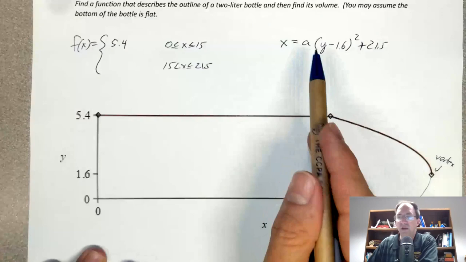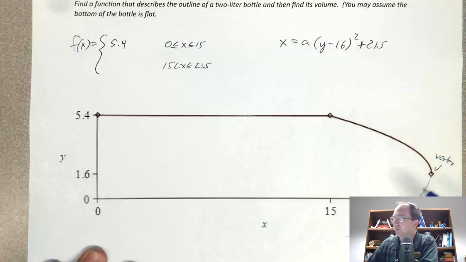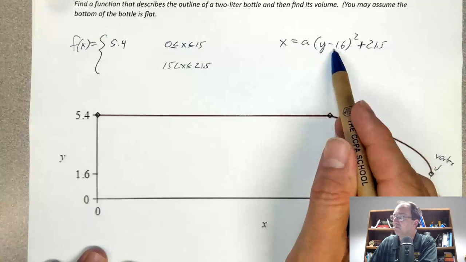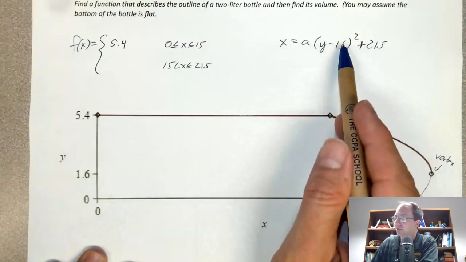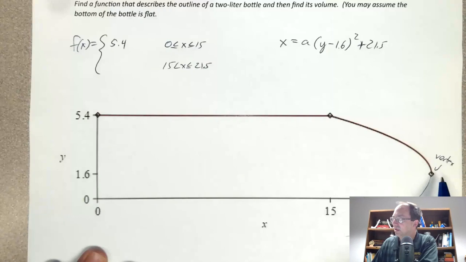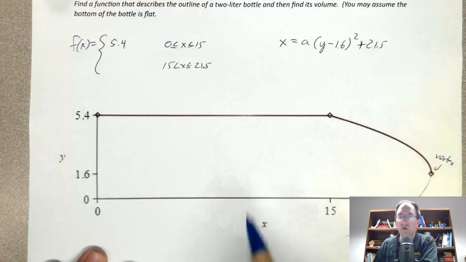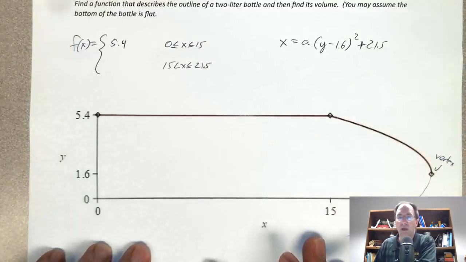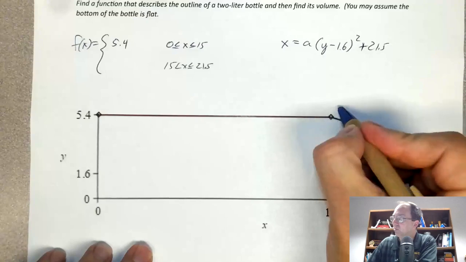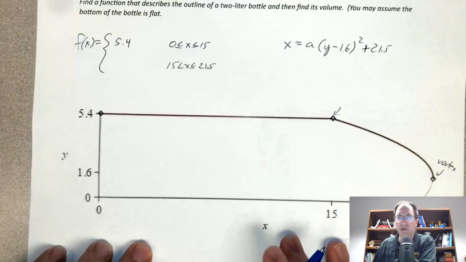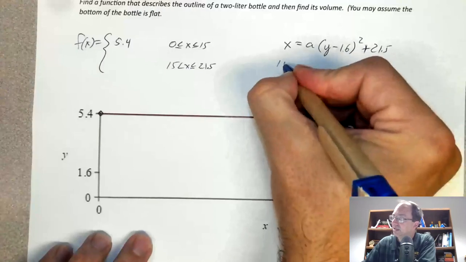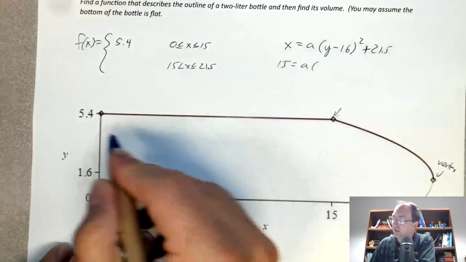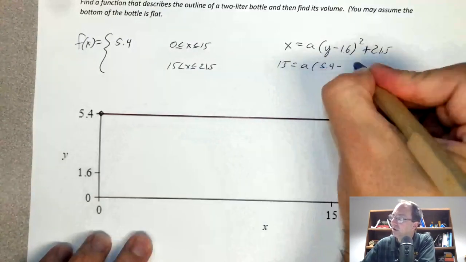So our function is going to be of the form a, which we don't know. We just know that it's opening to the left, times the quantity y minus the y value of the vertex, 1.6, that quantity squared, plus the shift to the right, which is 21.5. Now, we have a second point on the parabola, so we can plug that in to solve for a. x is equal to 15, y is equal to 5.4.